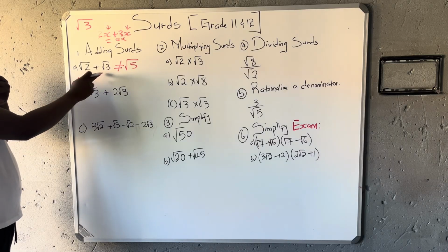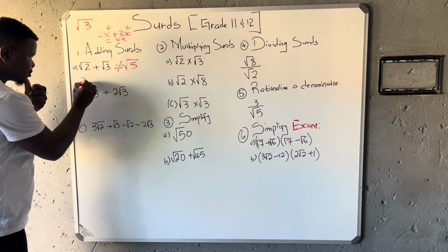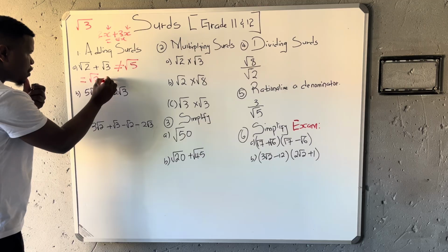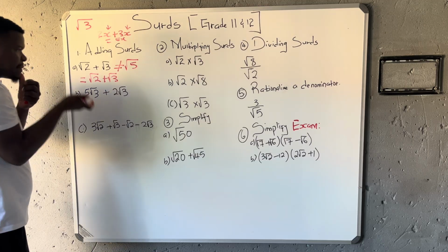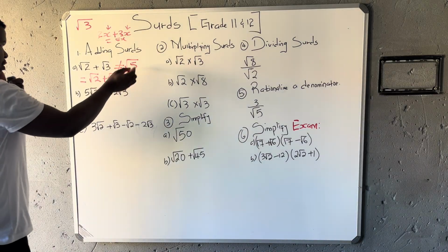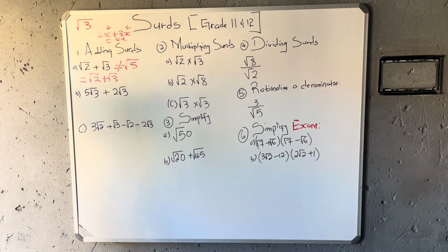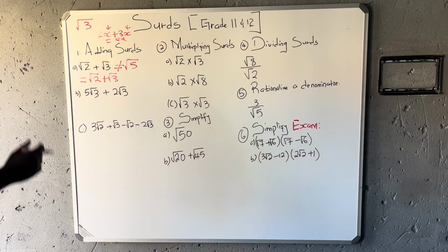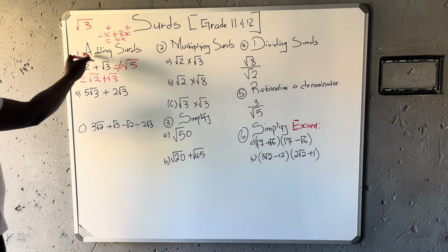Square root of 2 plus square root of 3 is equal to square root of 2 plus square root of 3. It remains like that. It remains the same. It's like water and oil. They don't mix. Now, this is wrong. It's misconception. Just like when we say, what is x plus y? It will remain as x plus y. Now, that is adding sets.